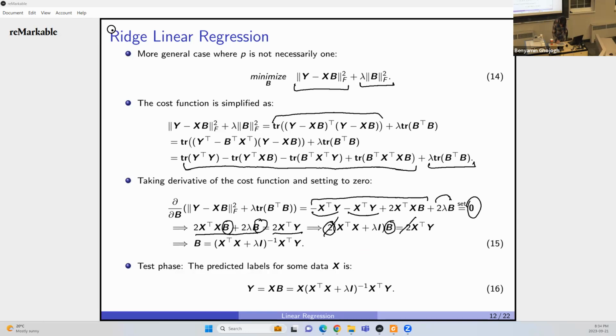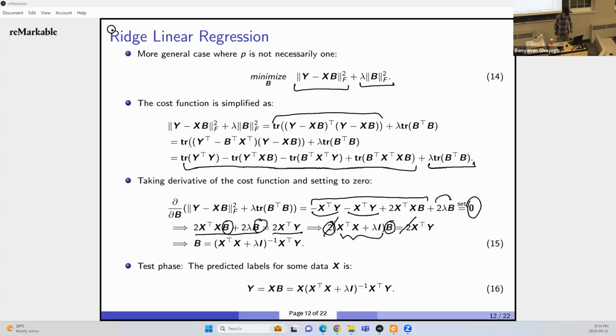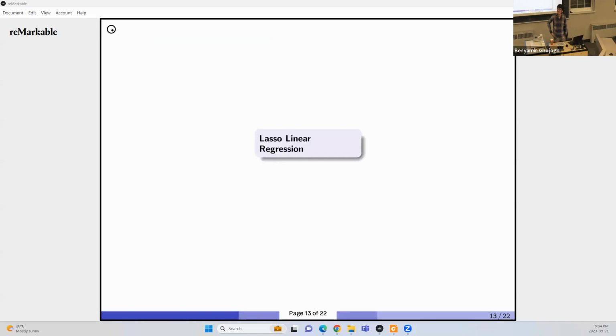These two 2's cancel each other. This is a pain in the neck. Left multiply both sides by that term's inverse. We'll get this, right? And the prediction will be XB. Ridge regression is all.